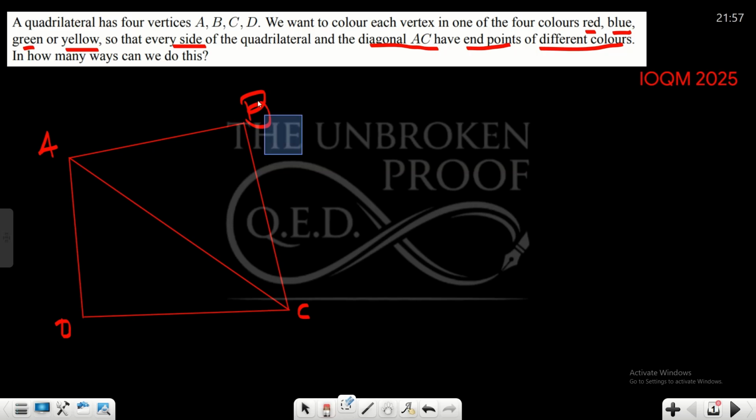So this is a simple counting problem. So let us see how we can do it. Now let me create a table over here. A, B, C, D, A, B, C and D, and let us have the first case.